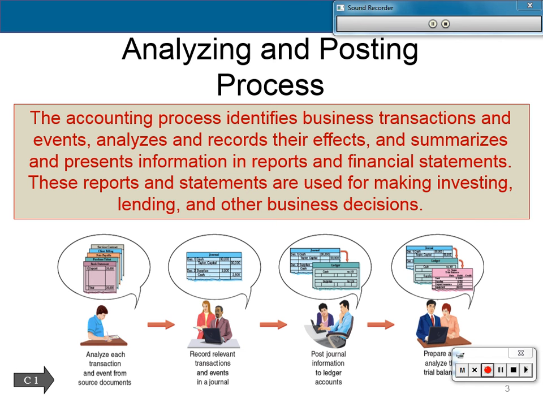Analyze transactions, journalize transactions, post transactions to the general ledger, and then prepare financial statements. It has to go in that order. And if you go out of that order, you probably will have issues.